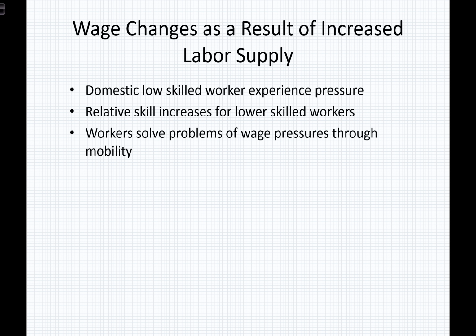This is part of why we have seen our minimum wage debate heat up in recent years. We know that the wages have been suppressed at the lowest part of the spectrum because of some of this in-migration of workers, regardless of their skill level, but because they're treated as low-skilled workers.